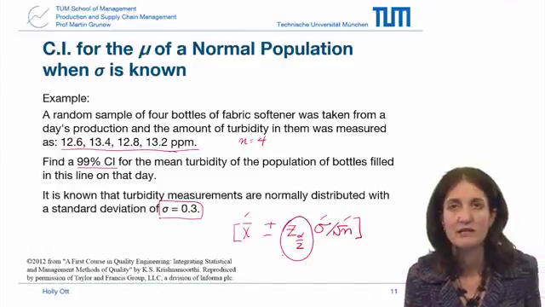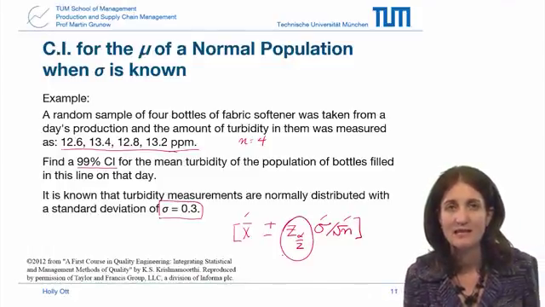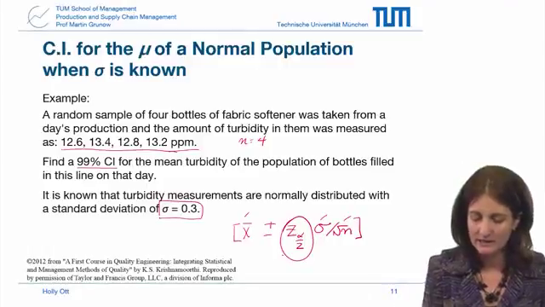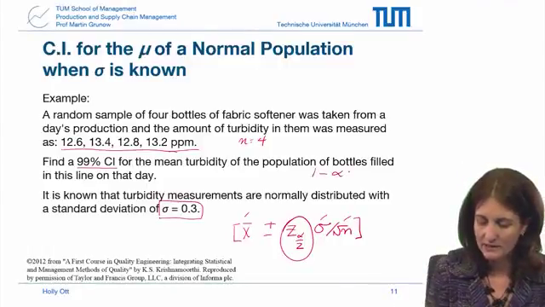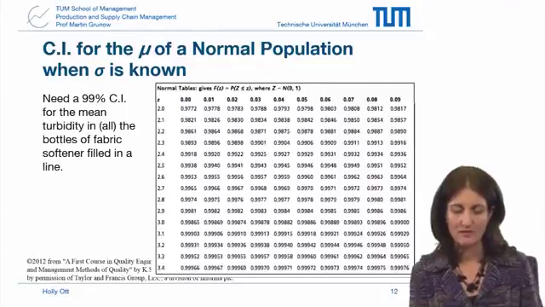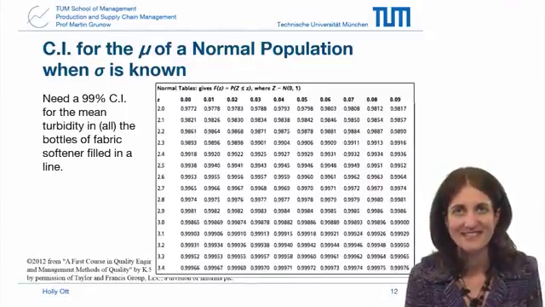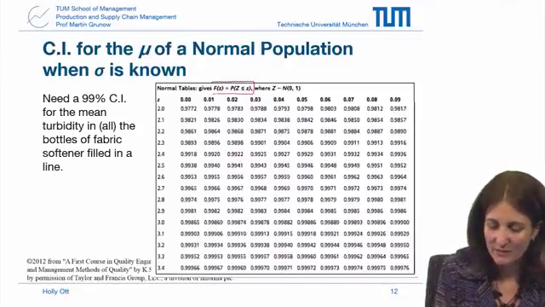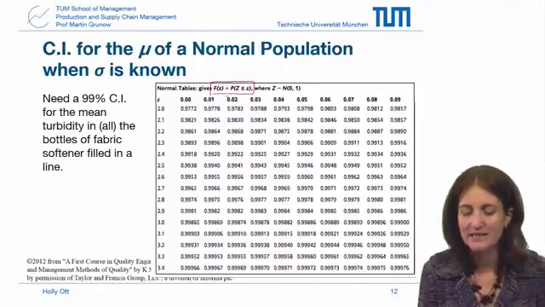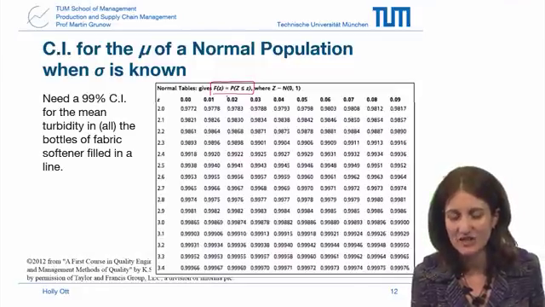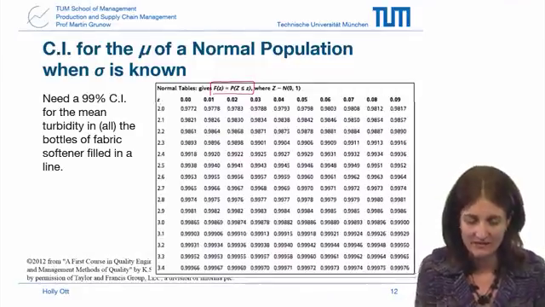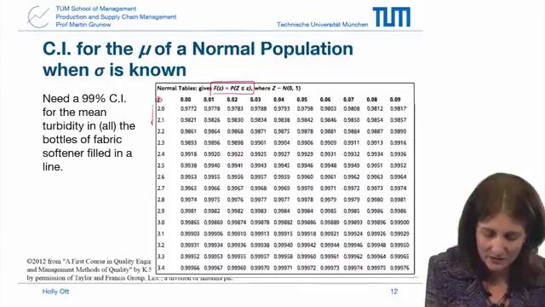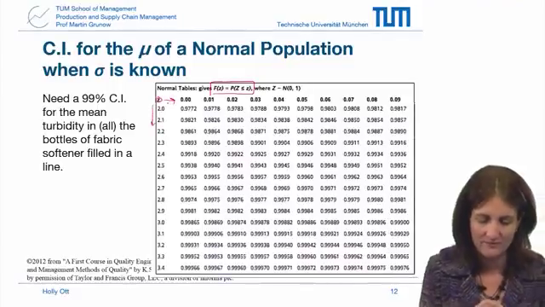Let's look a little more closely at how we come up with z alpha over 2. In this case, we have 1 minus alpha equals 99%, or alpha equals 1%. Here we have our tables. Do you remember how to read these? This is the cumulative probability, the probability that random variable z is less than or equal to a certain fixed value, where the z values you read first down this way and then this way.